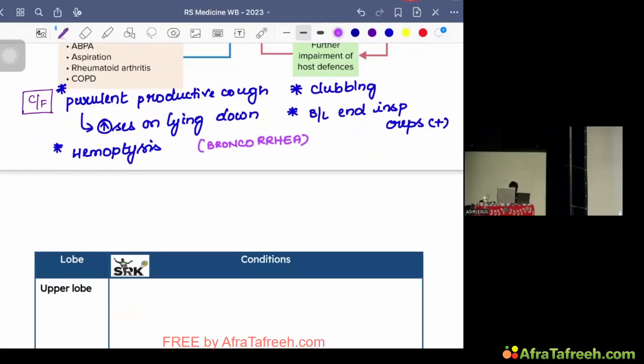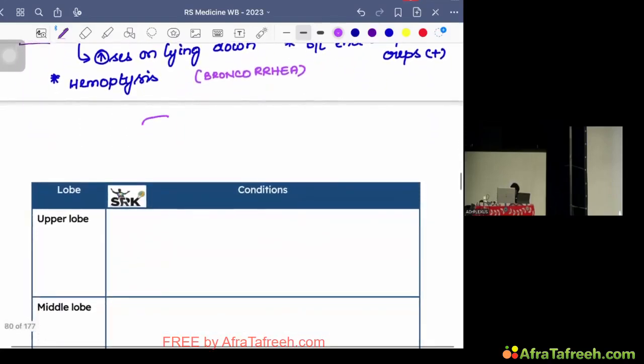In these patients, if you see the sputum, previously in wards they will have something called sputum cups. The patient will spit out the sputum in glass jars.